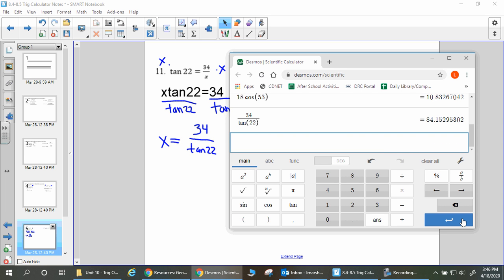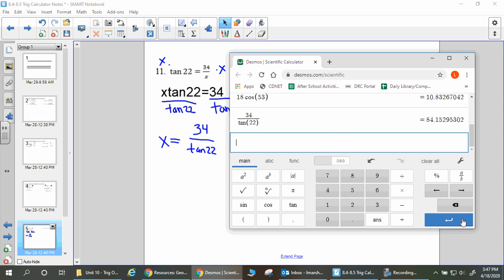If you have a calculator that you need to enter numbers first, you're going to hit 34, divide 22, tangent, and hit equals. You must hit equals. So I'll say that again. If you have to put numbers in first, do 34, divide 22, tangent, equals.